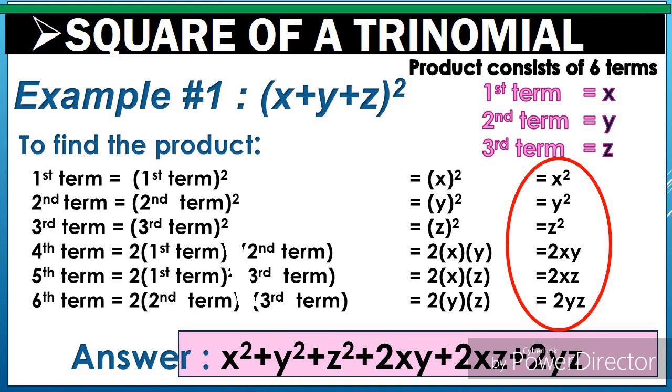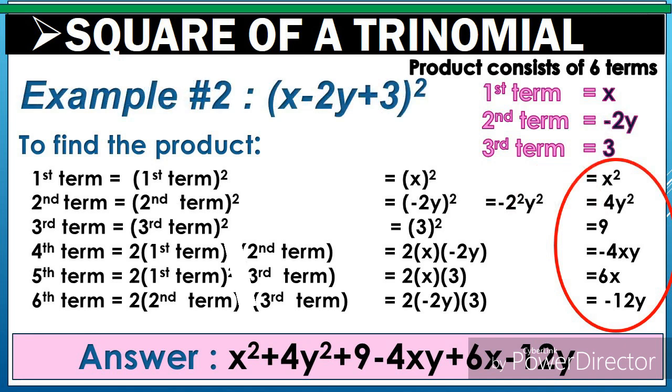So, that's why we have 2 times x times z is equal to 2xz. And to find the sixth term, we twice the second term and the third term. So therefore, we have 2 times y times z, and that is 2yz. So we're going to write the final answer now. We have x squared plus y squared plus z squared plus 2xy plus 2xz plus 2yz.